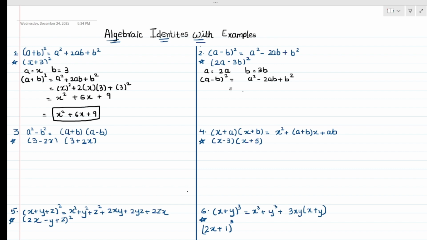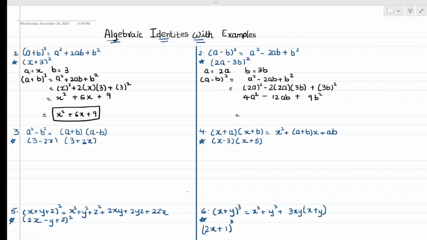So wherever I will see a, I will write (2a) the whole square minus 2 times 2a times 3b plus (3b) the whole square. Now 2 times 2, that means 2 square, so 4a square, a times a gives me a square, minus 2 times 2, 4, and 4 times 3, 12. a times b gives me ab, plus 3 times 3, that means 3 square, 9. b times b, that means b square.